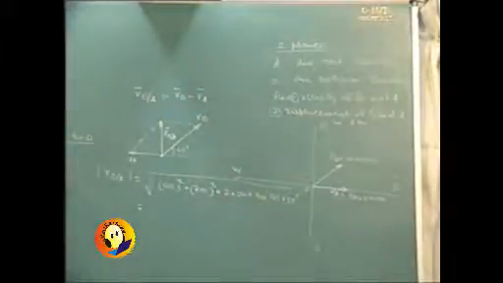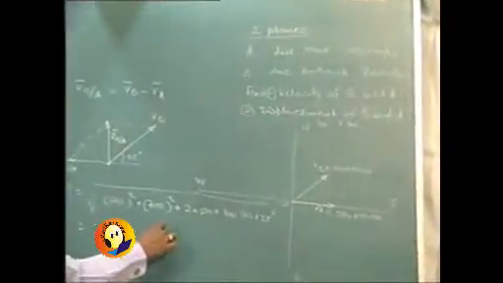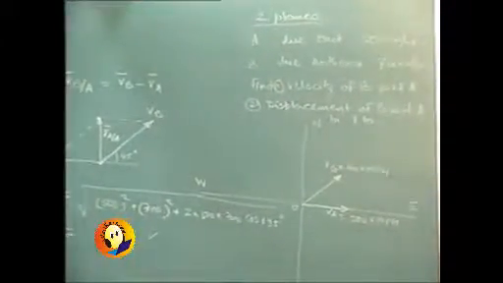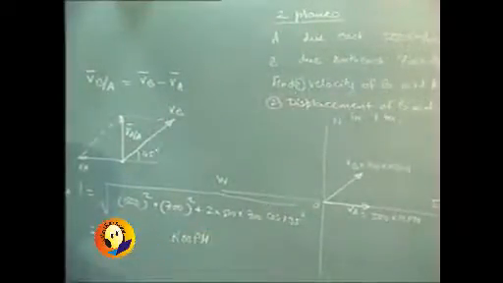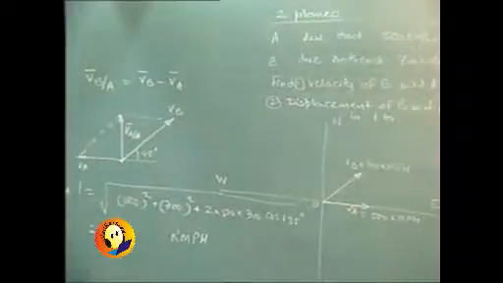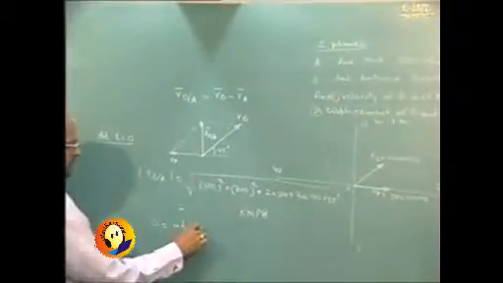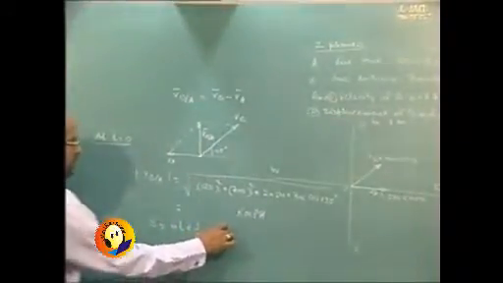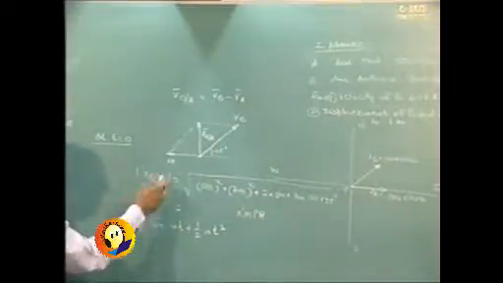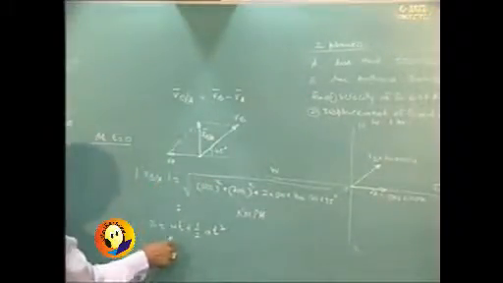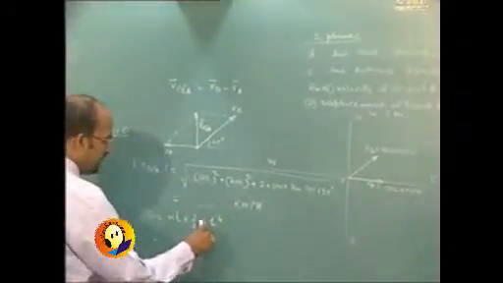Now once we get the velocity of B with respect to A, of course this is going to be in kilometers per hour, we have not converted it to meters per second. If we are to find the displacement, then the formula will be S is equal to ut plus half at square, and we will be using this relative velocity as the initial velocity, since the initial velocity itself is the final velocity, but that should be converted to meters per second. So convert this to meters per second and substitute.